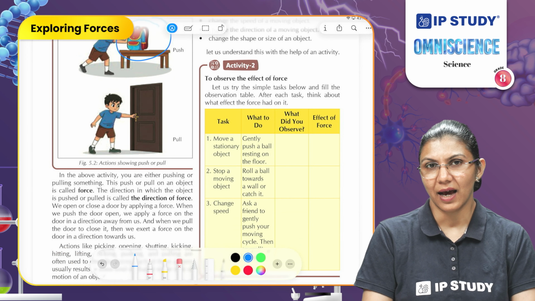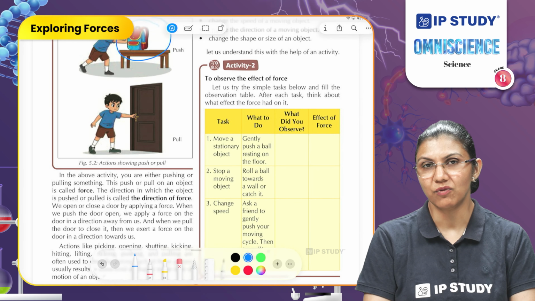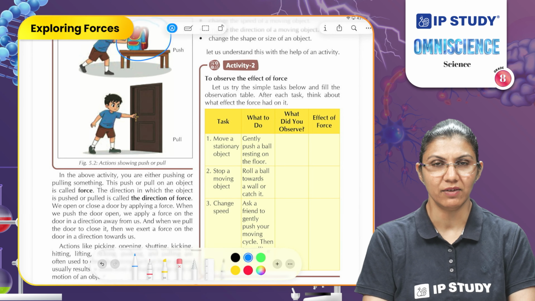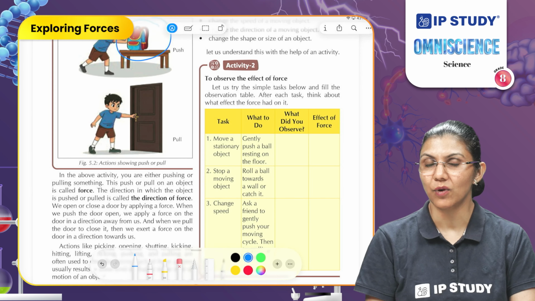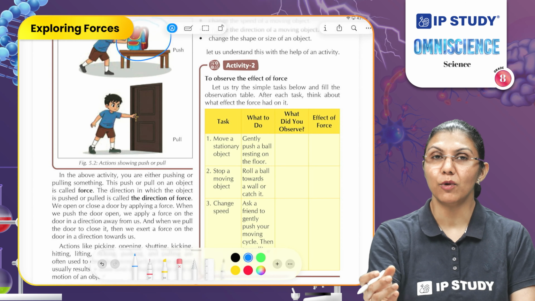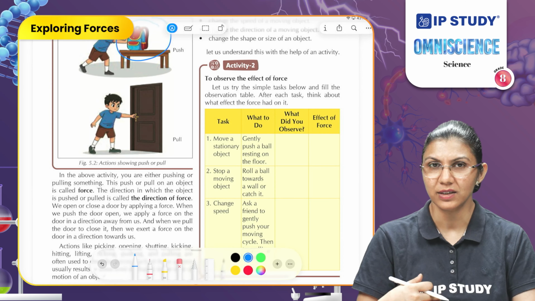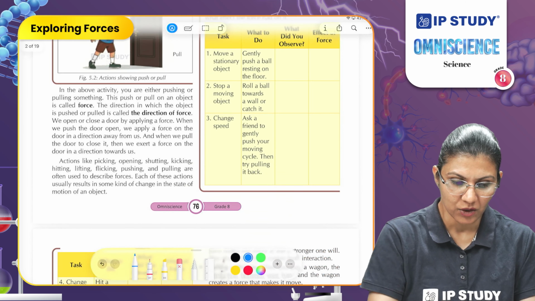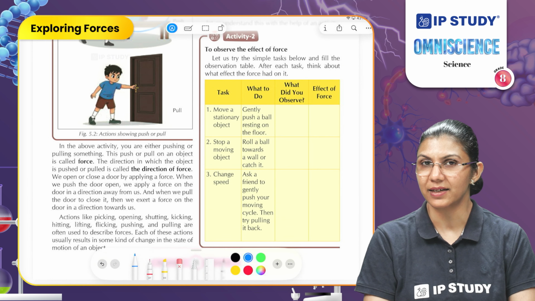In this activity, we can find out in which direction the force is applied. For example, when you are pushing the bag away, the direction of the force is away from you. If you are pulling the door towards you, the direction of the force is towards you. So, force is always applied in a certain direction.